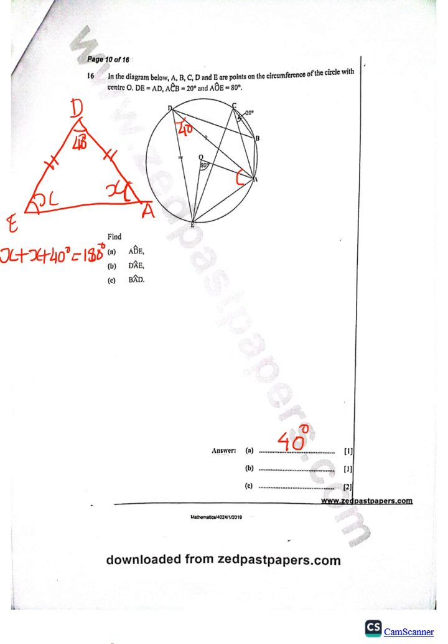So we can add x and x, these two are like terms, giving us 2x plus 40 is equal to 180. If we shift our 40 to the other side, we get 180 minus 40. So 2x is equal to 180 minus 40, which is 140. So the sum of the two base angles, these two x angles, is 140.